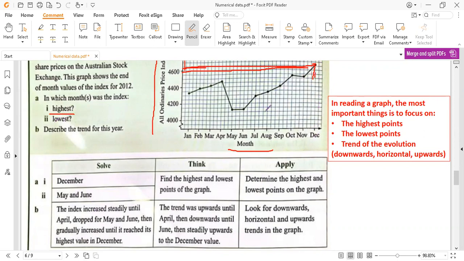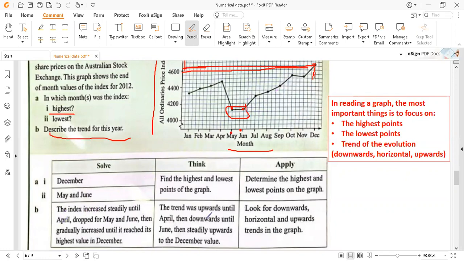For the lowest, we search for a valley, the lowest value vertically. Here, in May and June, the values are approximately equal. Now describe the trend for this year. The trend is the evolution, when it increases, decreases, and increases again.